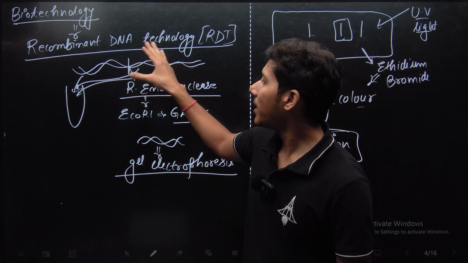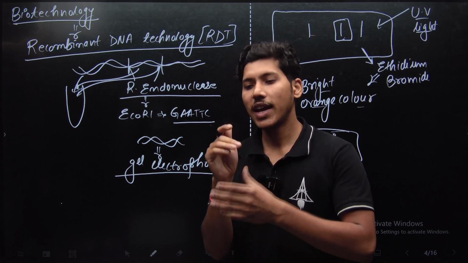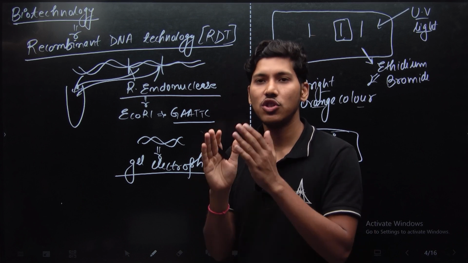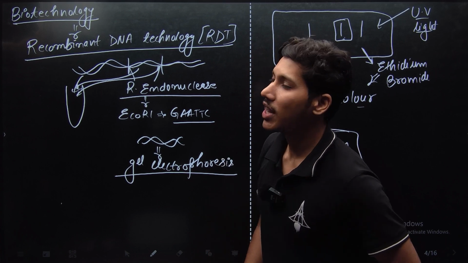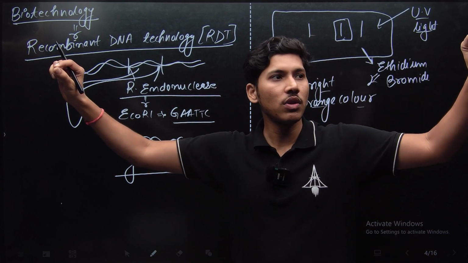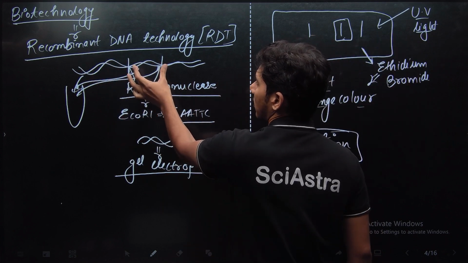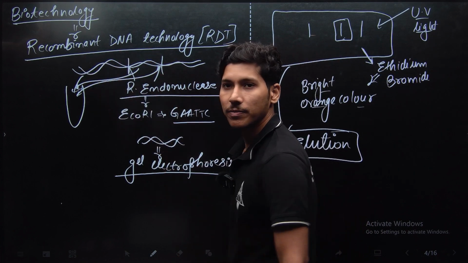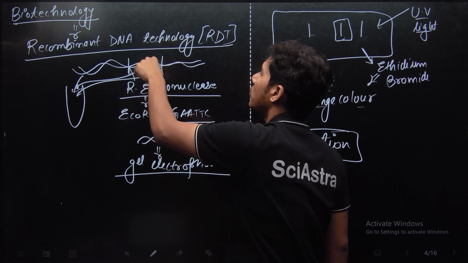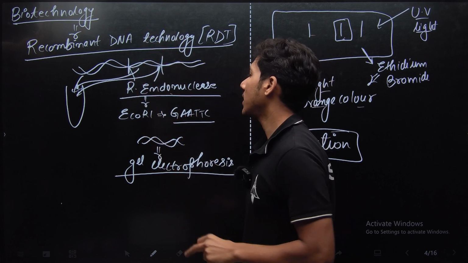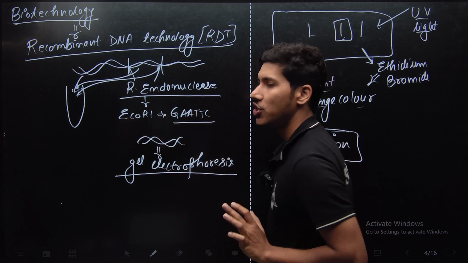So what does recombinant DNA technology basically tell us? It tells us that we can express a DNA, a gene, outside our body to produce a protein. How can we express it? We first have to extract our gene of interest from the whole DNA, and we can do that by digesting the whole DNA with an enzyme known as restriction endonuclease, like EcoR1, which cuts at GAATTC.